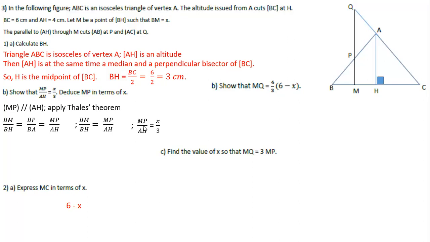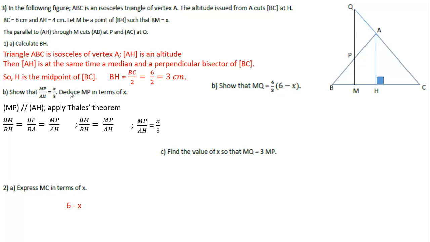Now we got the ratio, Mahdi, MP over AH equal X over 3, okay? Did you see it? Yes.